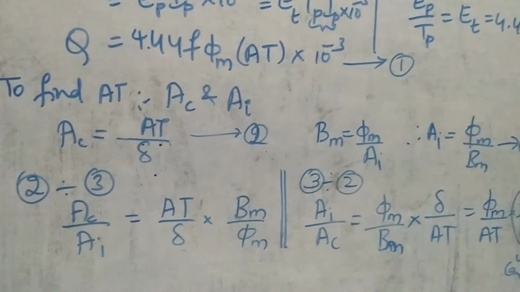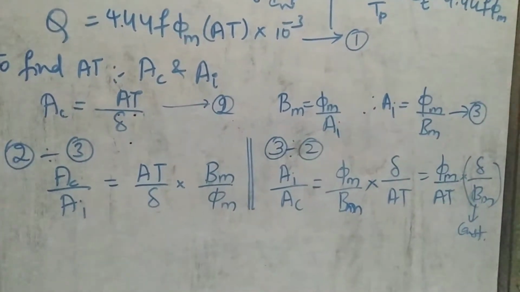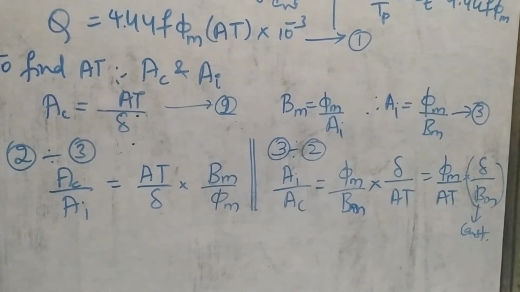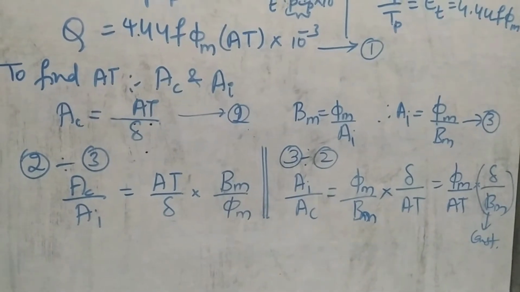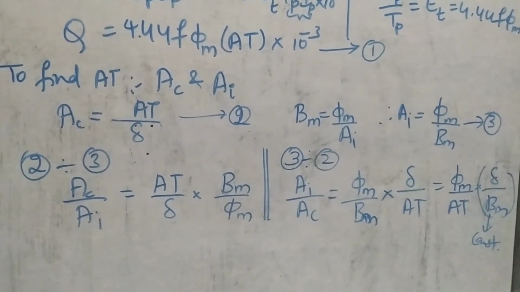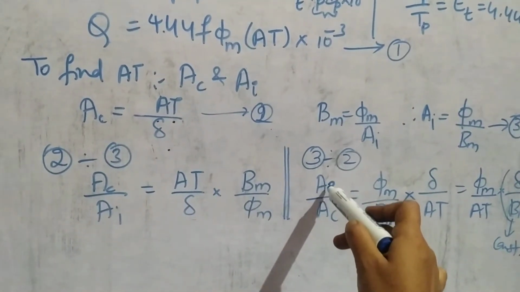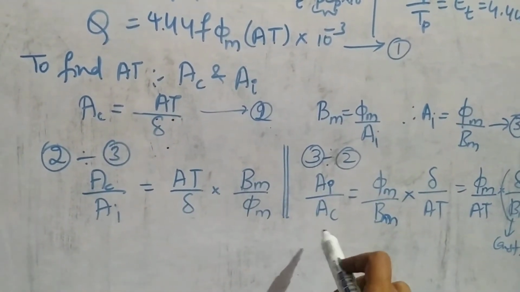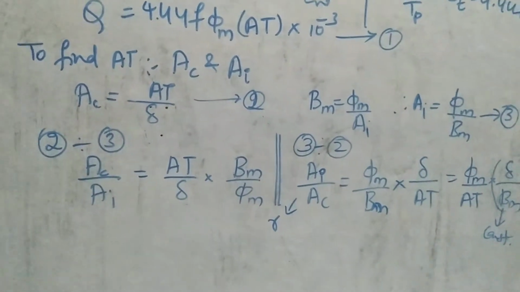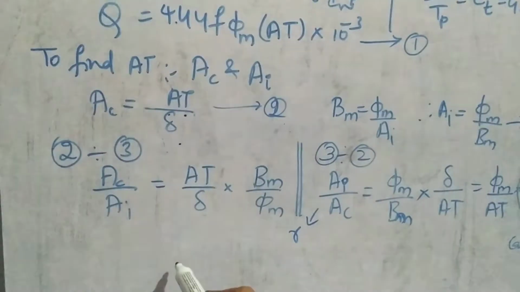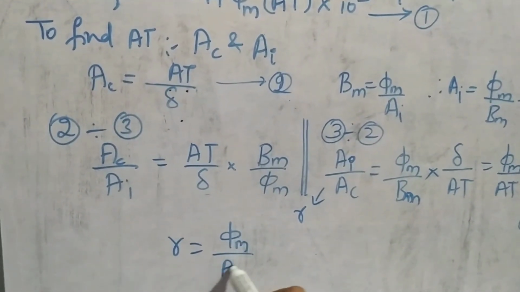As per the textbook, they have taken the ratio of the net area of the core to the area of the copper winding, and they have denoted it as R. Therefore, I will get R equal to flux divided by AT.